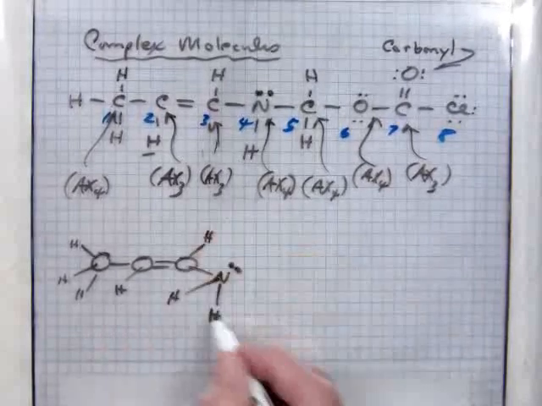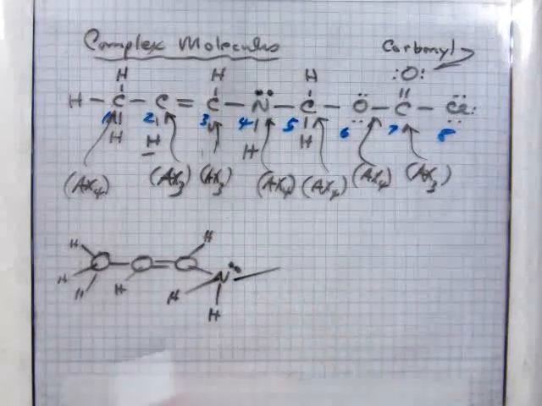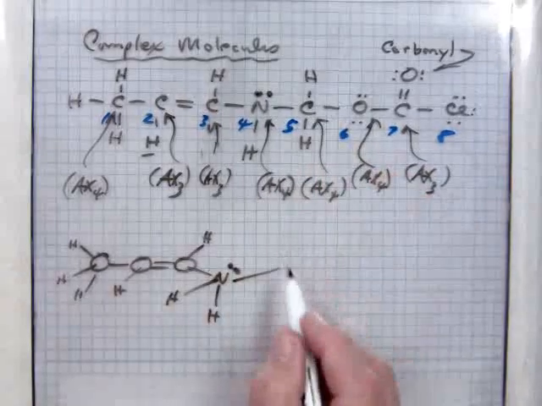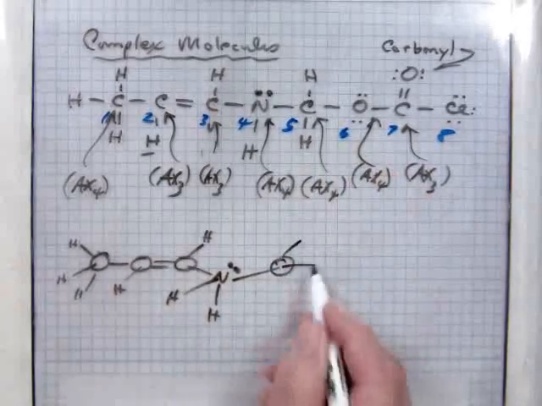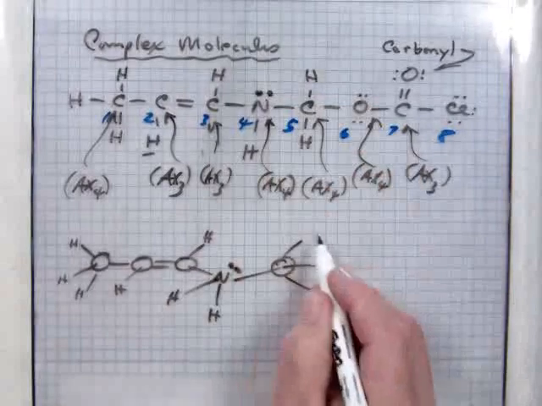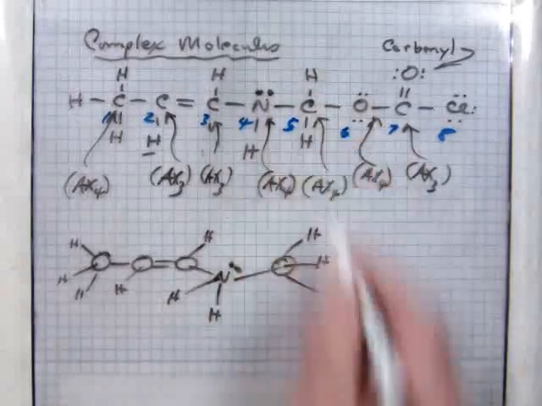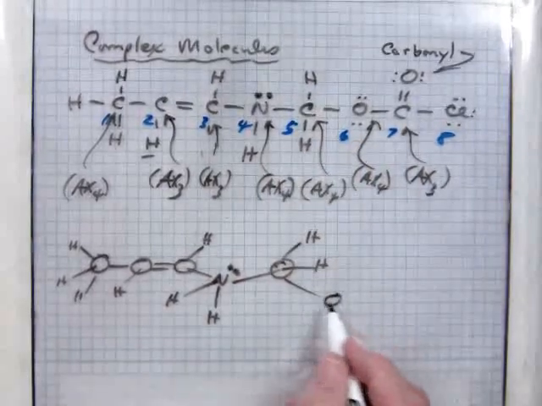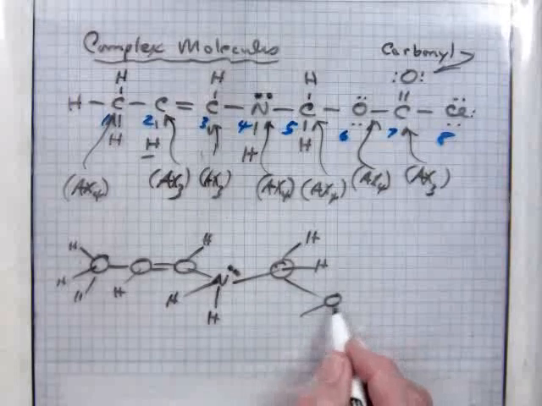That's your AX3 in here, and then that would go off to a carbon tetrahedron here, and you got a couple of hydrogens, put them right there, and then you come off to the oxygen, but it has to be lined up as a tetrahedron.